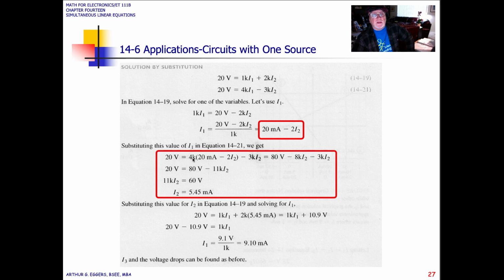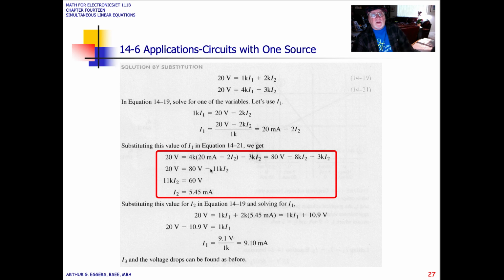When we multiply through by the 4k, we end up with 80 volts minus 8k times the current I2 minus 3k times the current I2. Now that should be I2 and I2 because we got rid of I1. So 20 volts is equal to 80 volts minus 11k I2. We combined 8 and 3 together to come up with 11k.